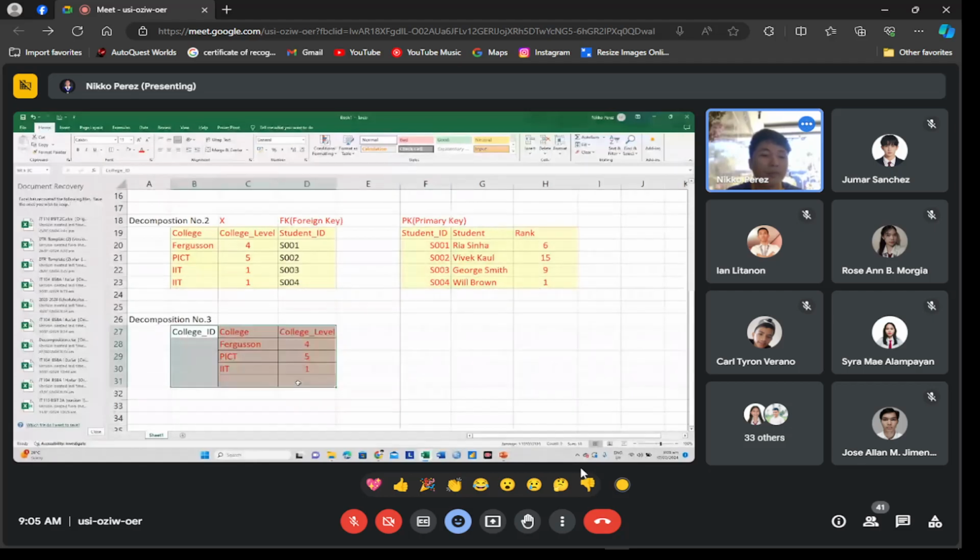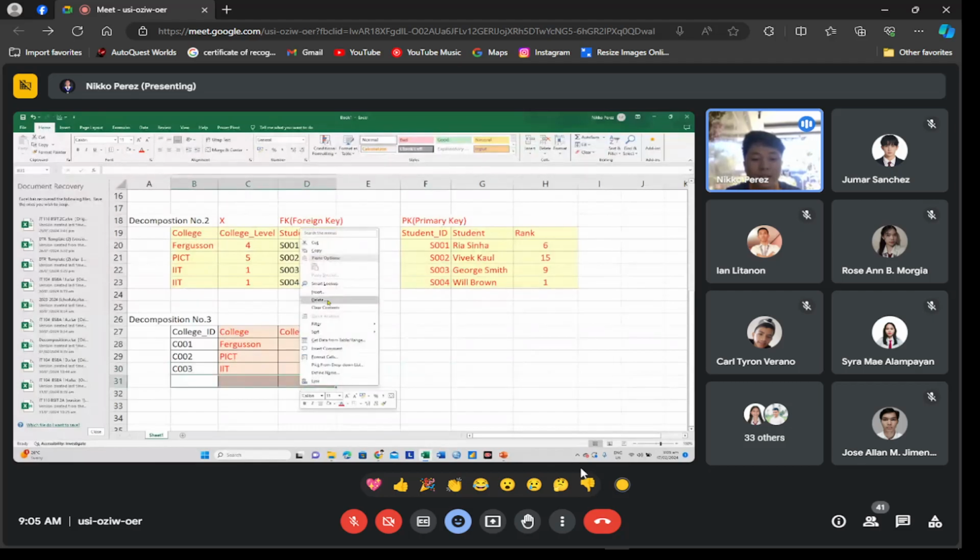So let's say for example, C001, college ID 001 for Ferguson, C002 for PICT, and C003 for IIT.